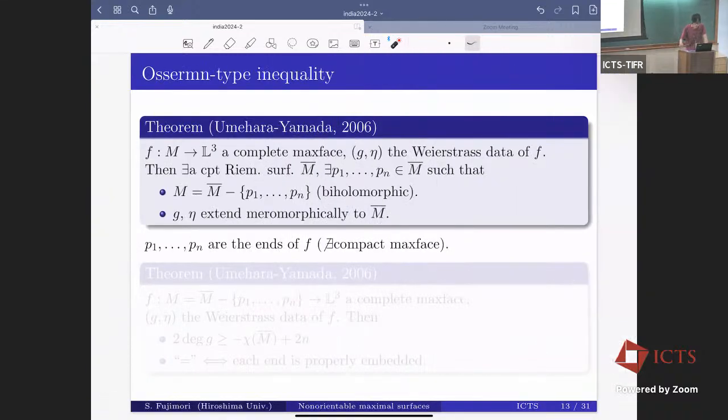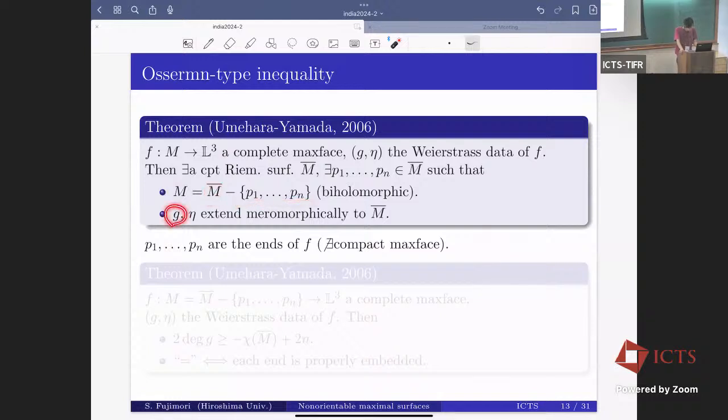And then also we have the Osserman type inequality. So let F be a complete max face, and G, eta the Weierstrass data. Then there exists, and now we don't need any assumption of finite total curvature, a compact Riemann surface M bar and finitely many points such that M is biholomorphic to M bar minus these finite points.